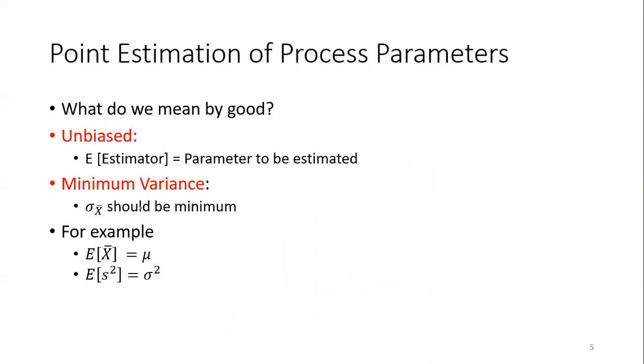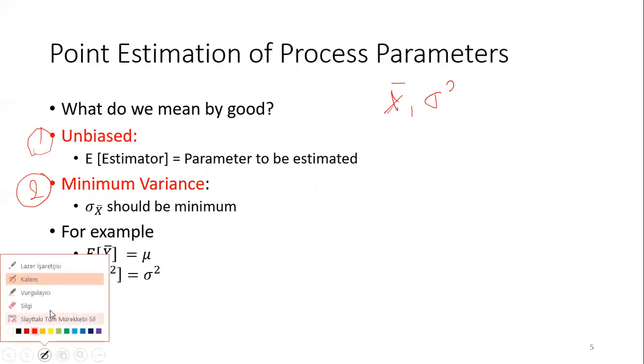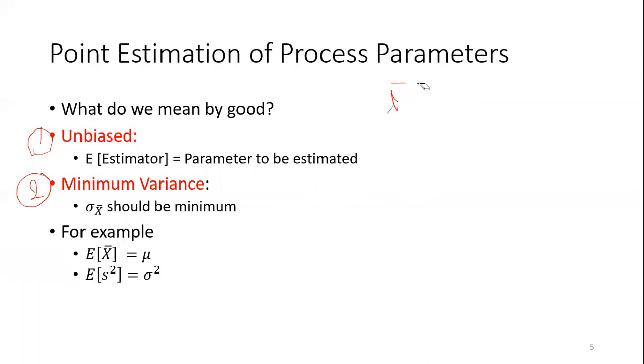There are two important measures for an estimator to be good. First, it should be unbiased. And the second thing is it should have minimum variance. So remember, we have x bar and mu, and here s square and sigma square.